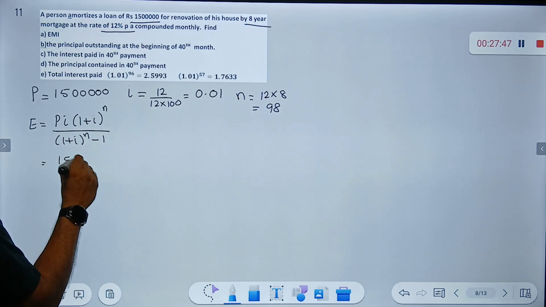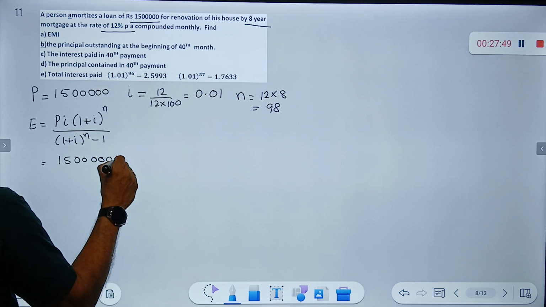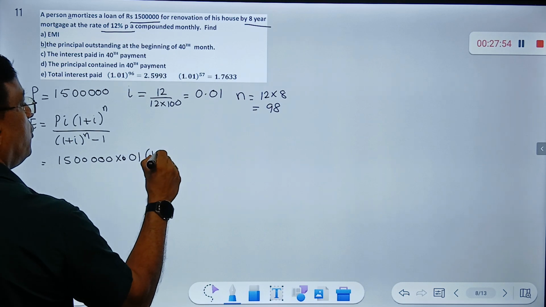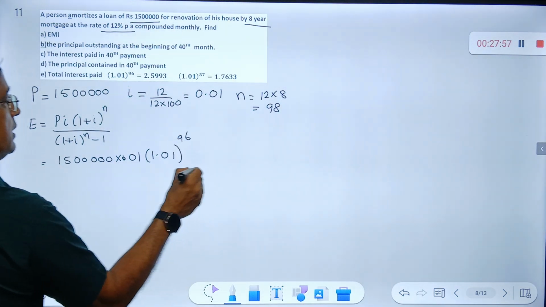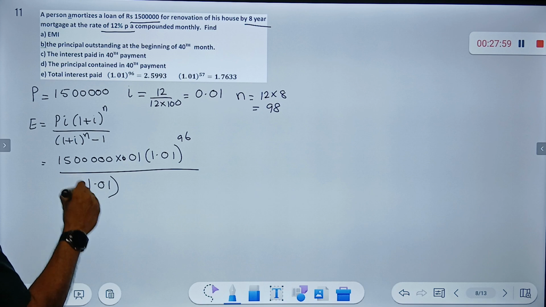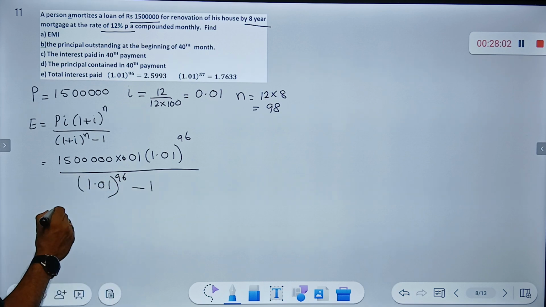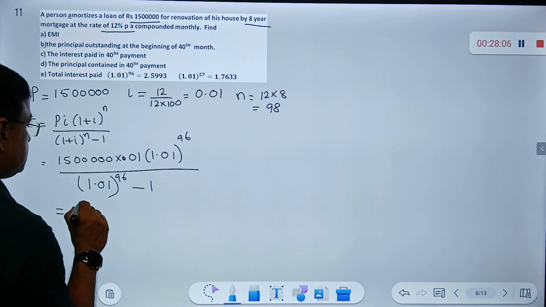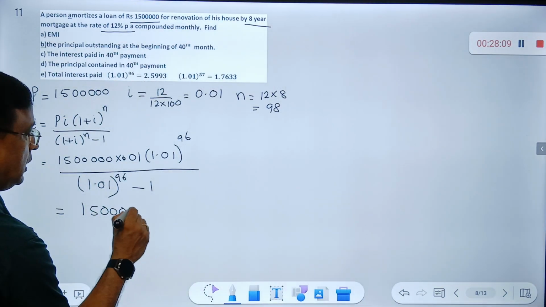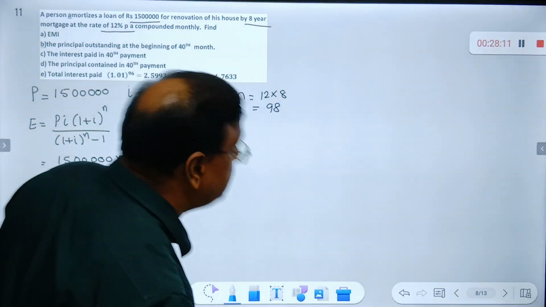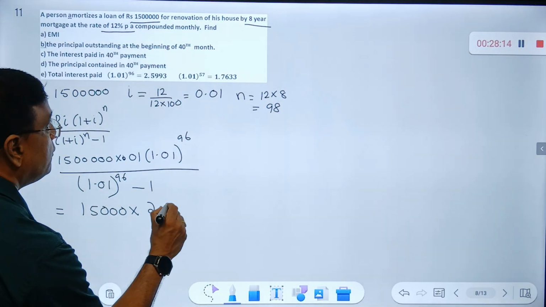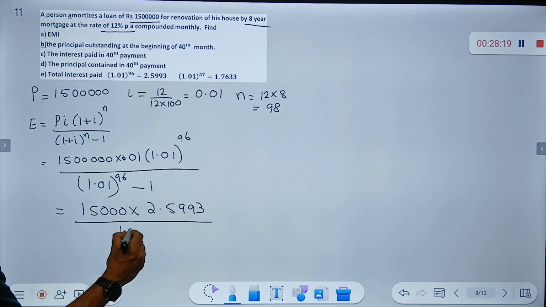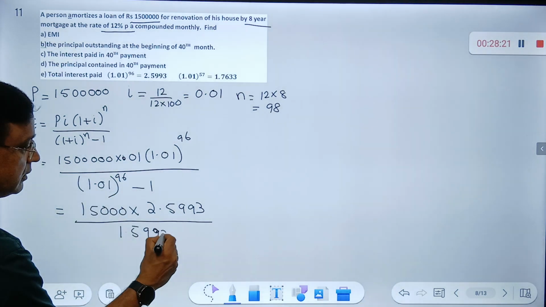So what is my principal? 15 lakhs into 0.01 into 1.01 to the power of 96 divided by 1.01 to the power of 96 minus 1. If you multiply this, you will get 15,000 and 1.01 to the power of 96 is given to be 2.5993, divided by, if you subtract 1, 1.5993.